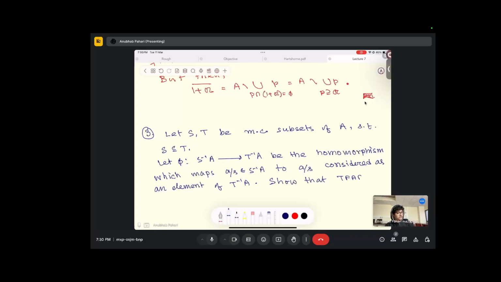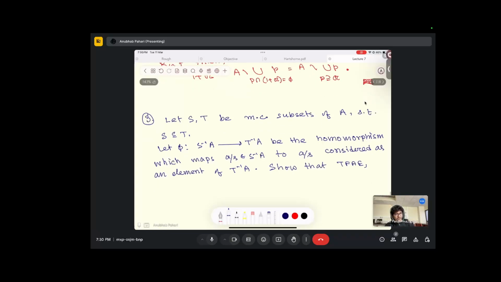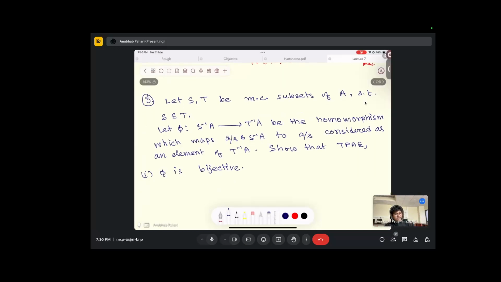the following are equivalent. 1. Phi is bijective. 2. For each small t of capital T, t by 1 is a unit in S inverse A. 3.